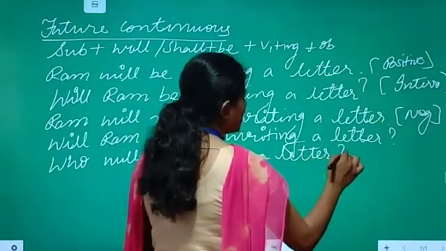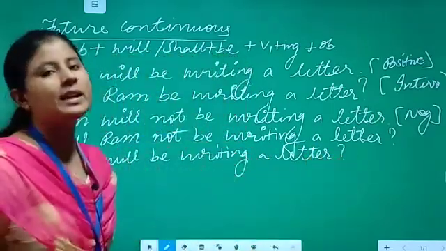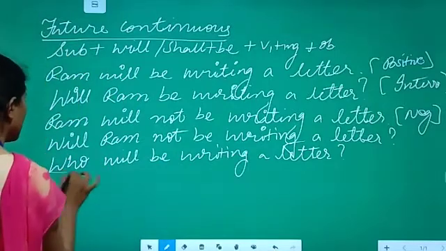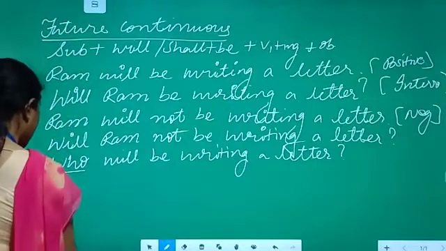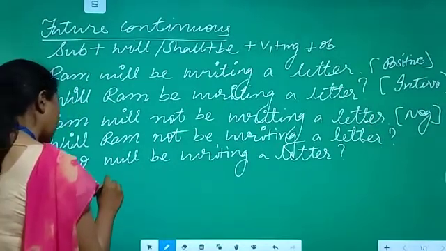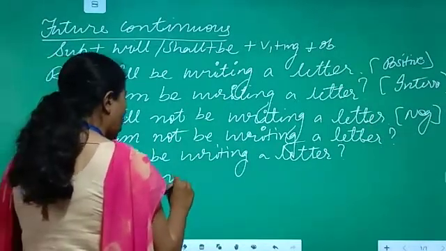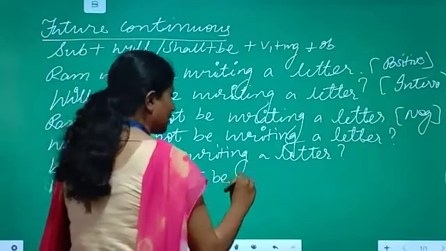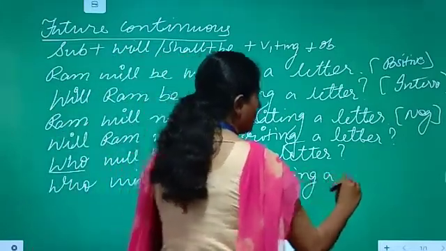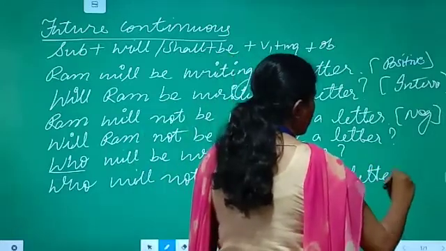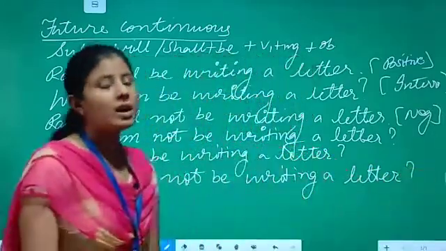This is the interrogative sentence using WH word. Now to change it into negative, we will write who will not be writing a letter. Who will not be writing a letter.